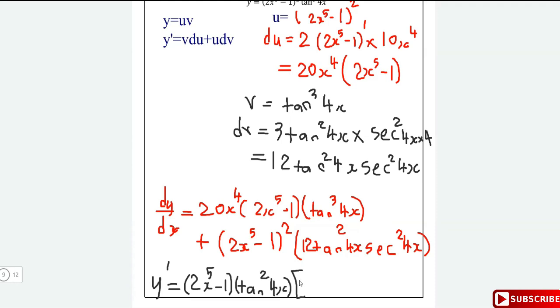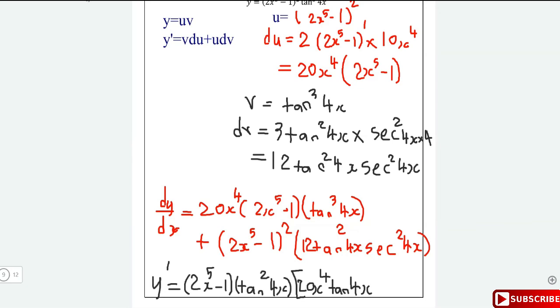So I'm left with, in this bracket, factor out 2x to the 5th minus 1 from this and factor out a tan square from this. So I'm left with 20x to the 4 times tan 4x, and then when I factor out 2x to the 5th minus 1 from this side, I'm left with this being multiplied by 12 sec square 4x.